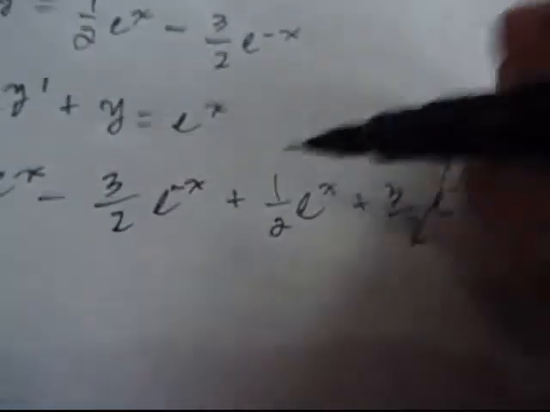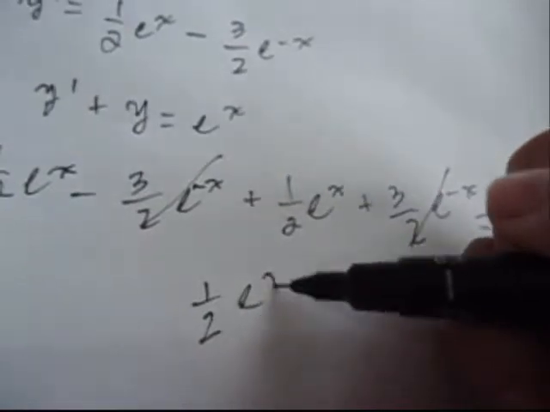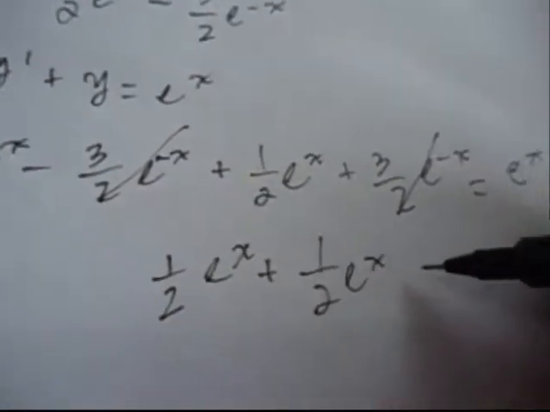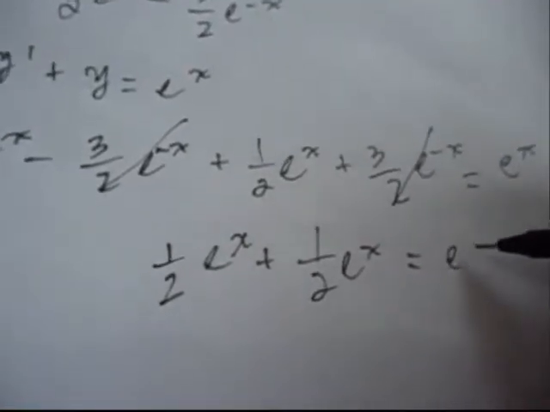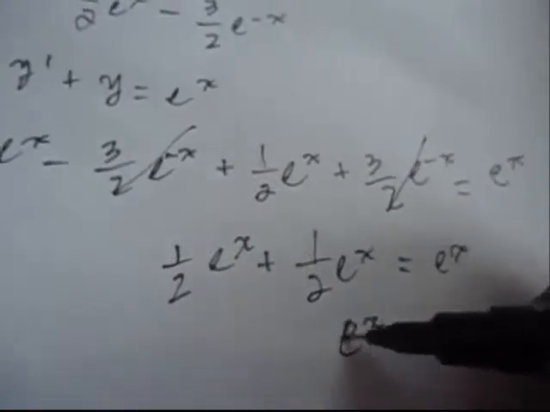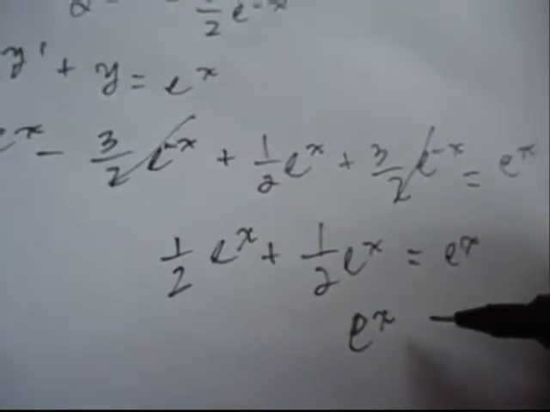So now this will become 0. So we have the remaining 1/2 e to the power of x plus 1/2 e to the power of x equals e to the power of x. So 1/2 e to the power of x plus 1/2 e to the power of x is e to the power of x.